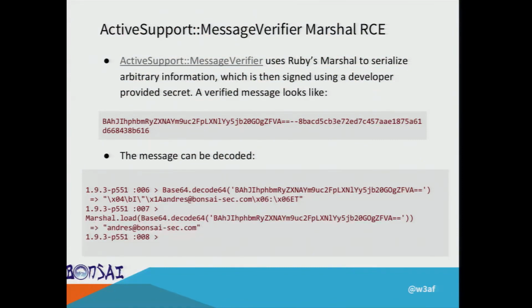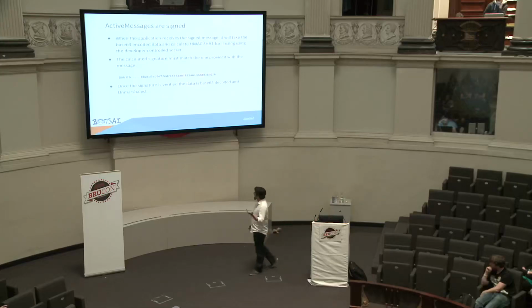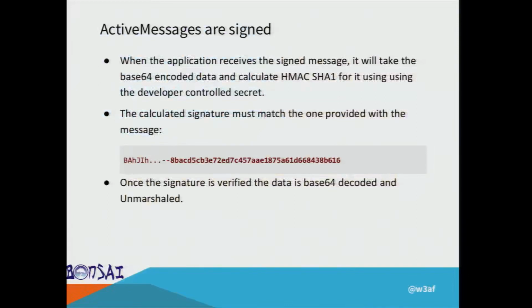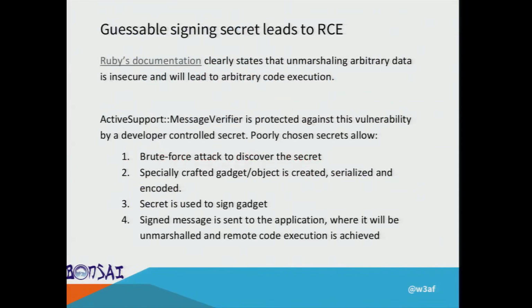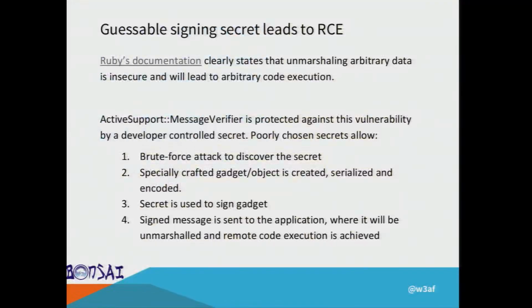And as you might know, if you have been doing source code reviews in Ruby, the Marshal module is kind of insecure, because the documentation says something like this: unmarshalling arbitrary data is insecure and will lead to arbitrary code execution.